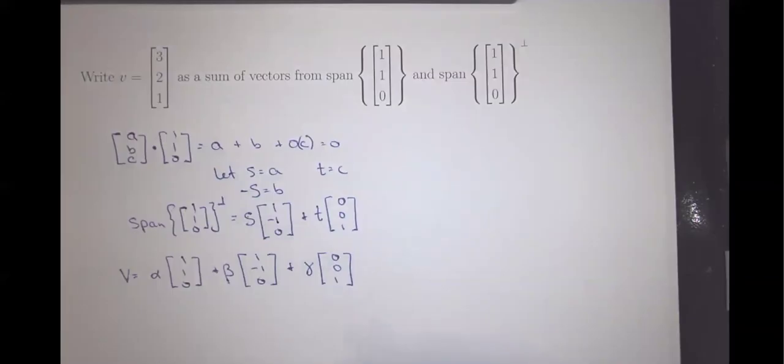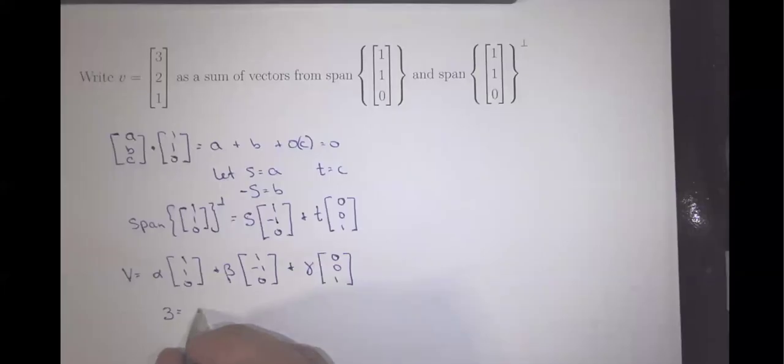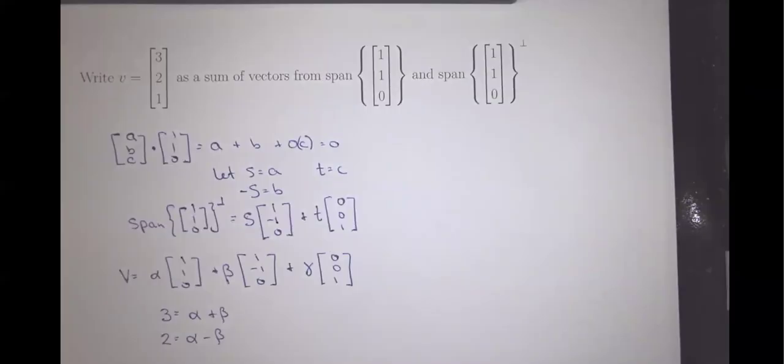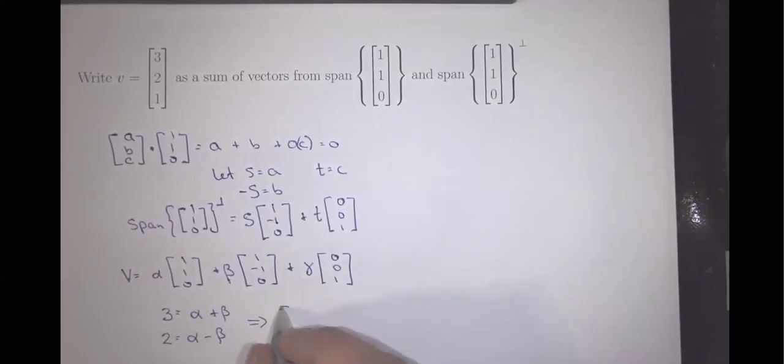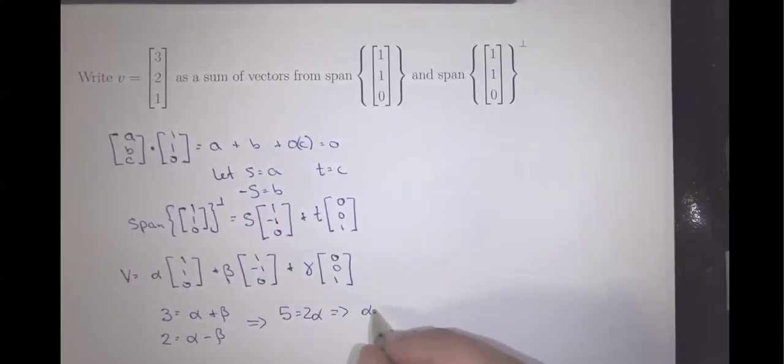Now, how about my alpha and beta? So we've got 3 is equal to alpha plus beta, and 2 is equal to alpha minus beta. Okay, so if we add these together, we get 5 is equal to 2 alpha, or alpha is 5 halves.